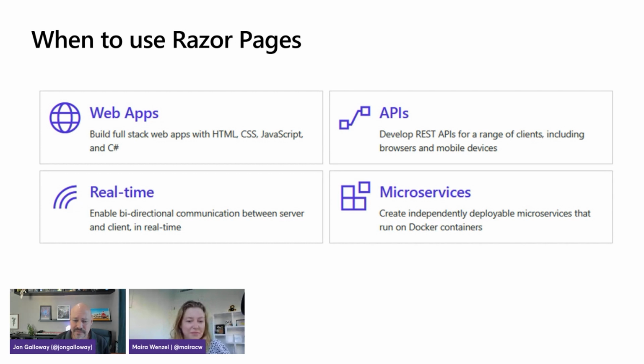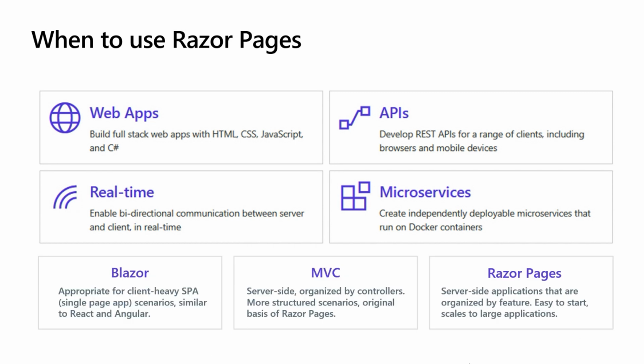And when you're building the front end part of the application, you've got three different options here. So you've got Blazor, that's if you want to build your client-heavy applications. You want a lot of logic running in the browser. That's a similar sort of feel to React or Angular.